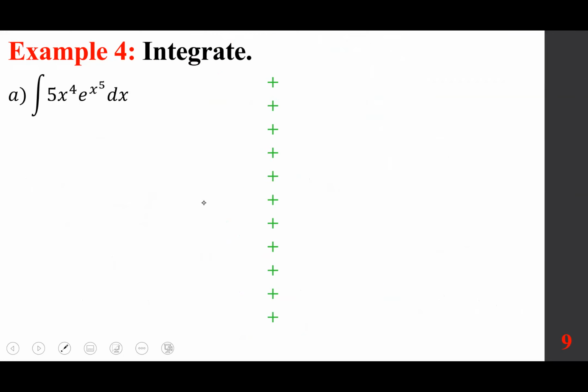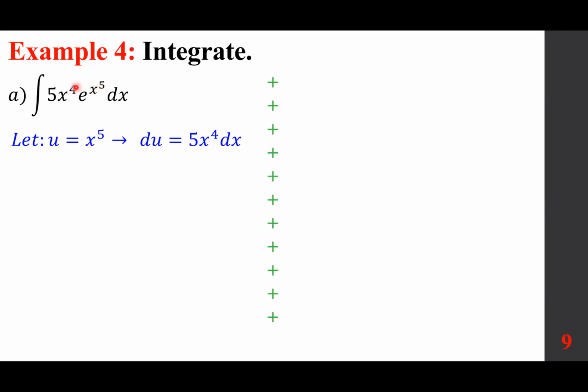Let's see what happens when we are dealing with exponential formats. Generally speaking, the choice of u is the exponent. So in this case, if we let u be x to the power of 5, du is 5x to the power of 4 dx.